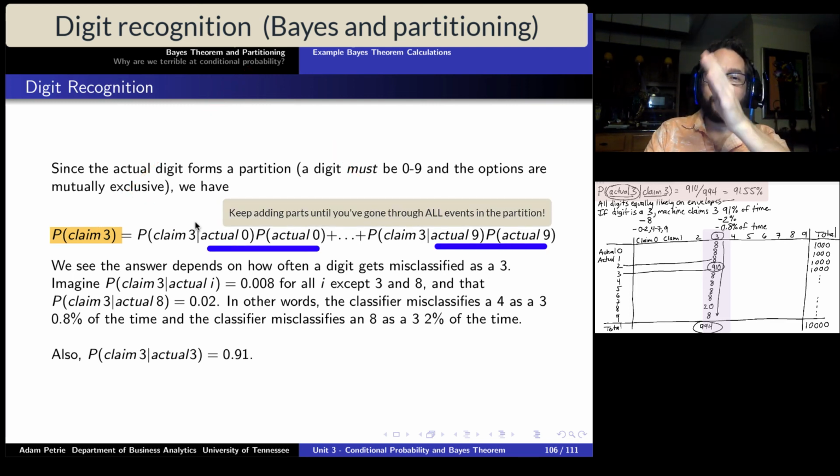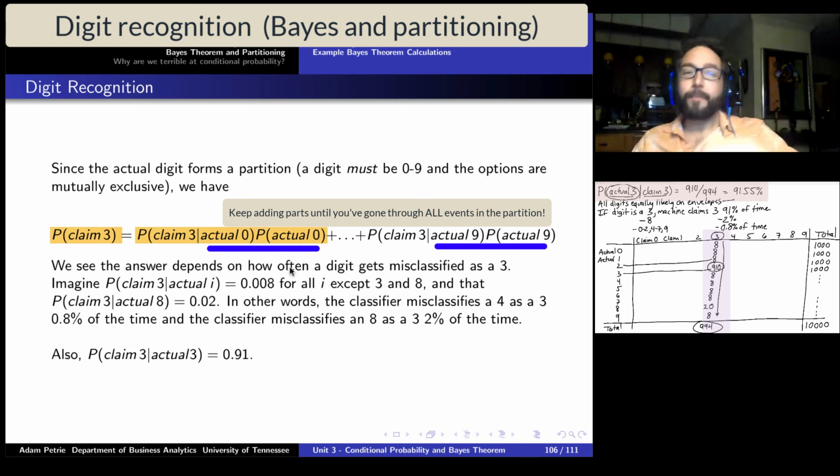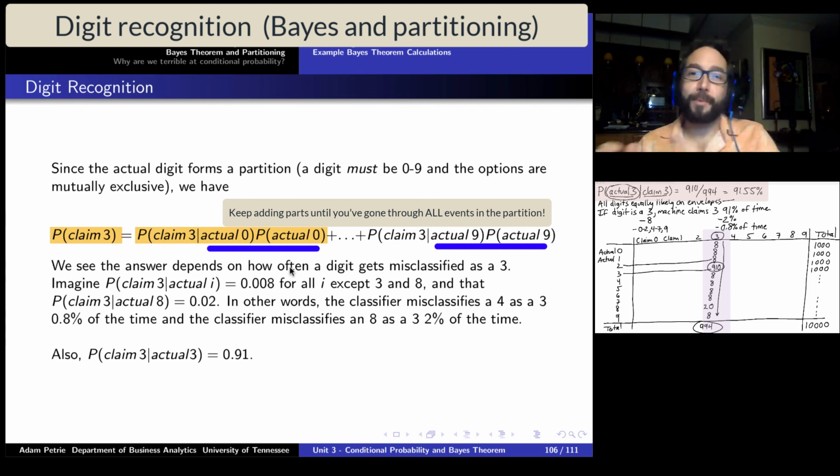We know it depends on if it's actually a 0, so we start out by saying, all right, well, that's the probability it's a 3 given that it's a 0 times the probability it's a 0, plus the probability that it's claiming it's a 3 given it's a 1 times the probability it's a 1, plus the probability that it claims it's a 3 given it's a 2 times the probability it's a 2.